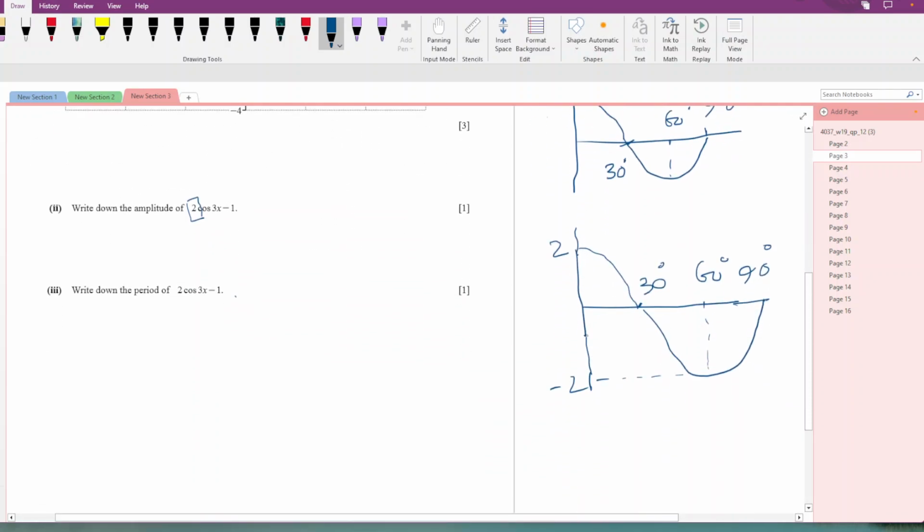Therefore, this graph has to be translated along the y-axis by scale factor minus 1, or move this graph vertically down by 1 unit.